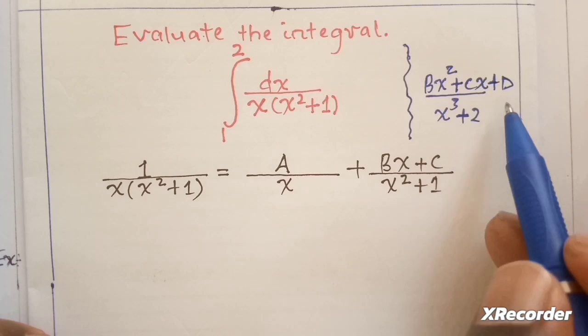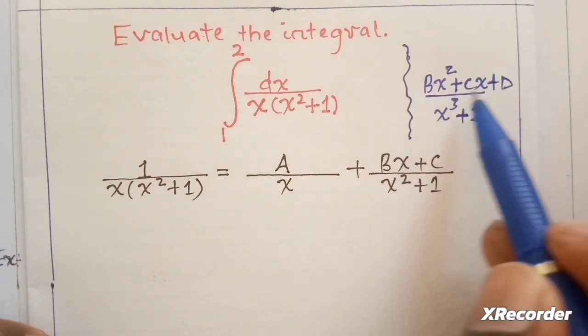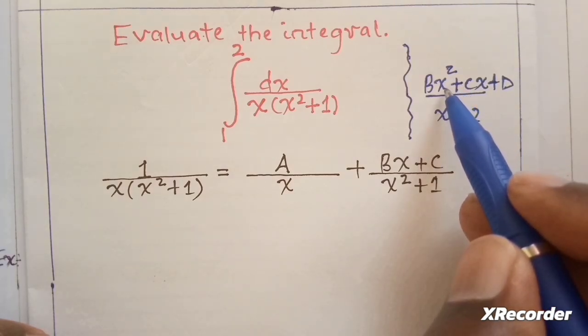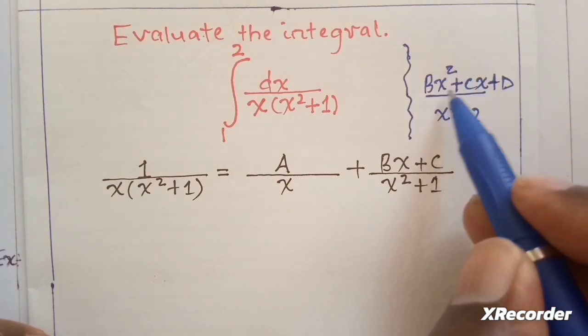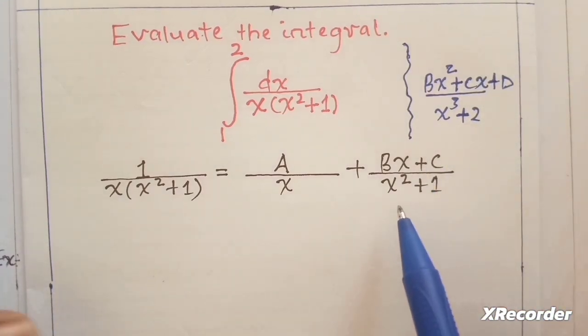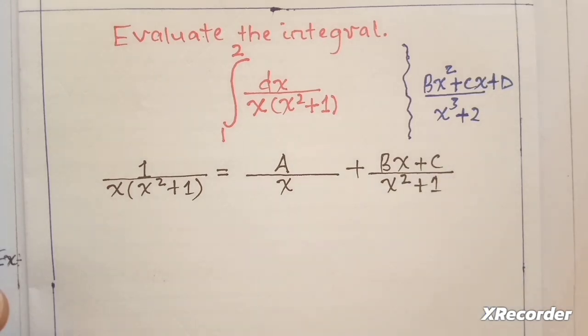So that's what happens. You make sure that this is a polynomial with reducing values of x, or the powers of x are reducing in value. So for us here now, we have this.